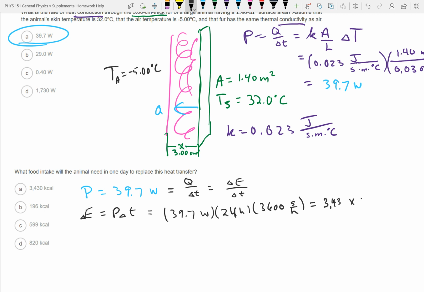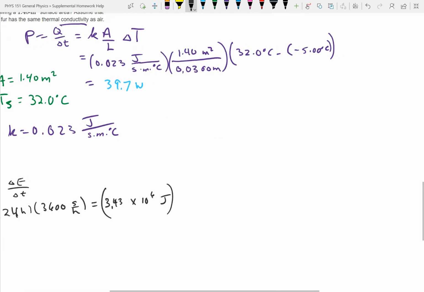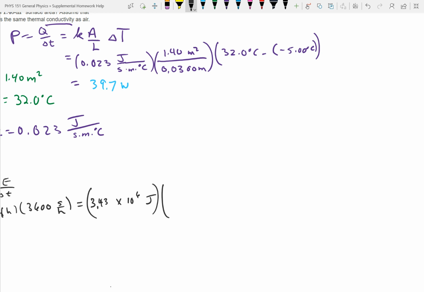Times 10 to the 6. Okay, so our conversion factor is the joule equivalent of heat, 1 calorie per 4.186 joules.